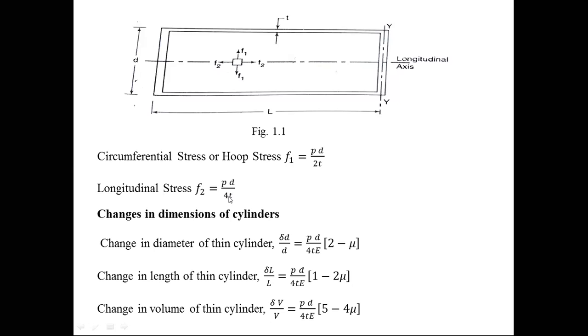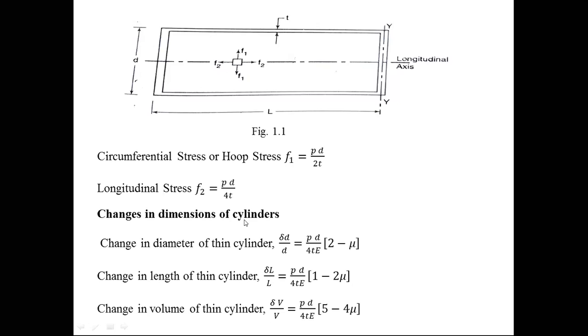Then maximum shear stress tau maximum, only in thin cylindrical shells, is half of F1 minus F2, which gives PD by 8T. Here I do not write more, just use principal stresses, that's enough.